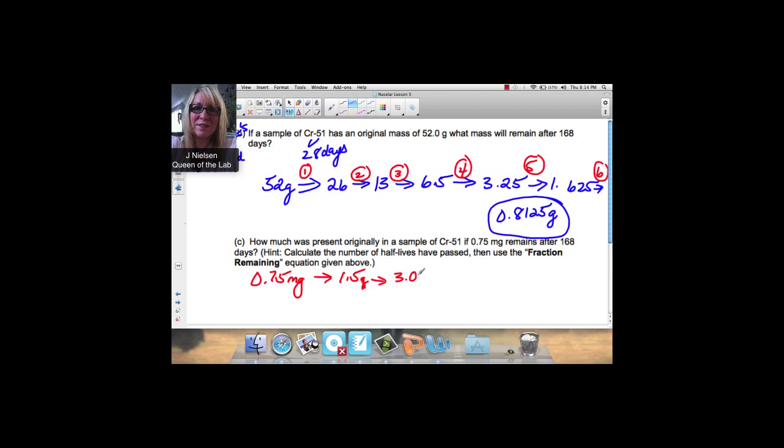And this is 3, 6, 12, 24. How many do I have? I have 1, 2, 3, 4. Still got 2 more to go. 5, 6.